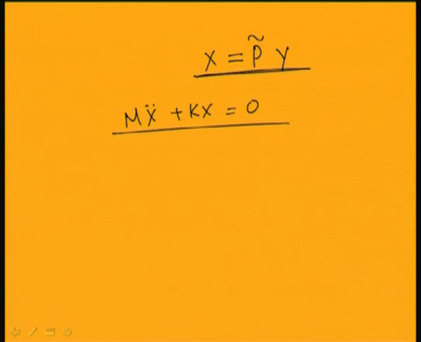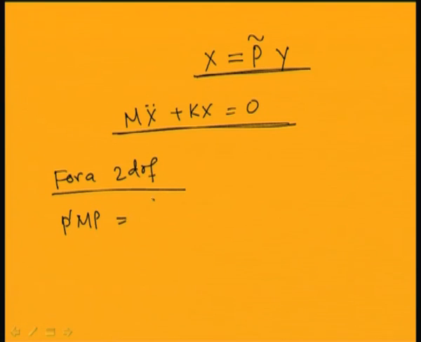Before decoupling this, let us see some of the properties of the weighted modal matrix and modal matrix. Let us see one example. For a 2 degrees of freedom system, let us find what P dash MP is.